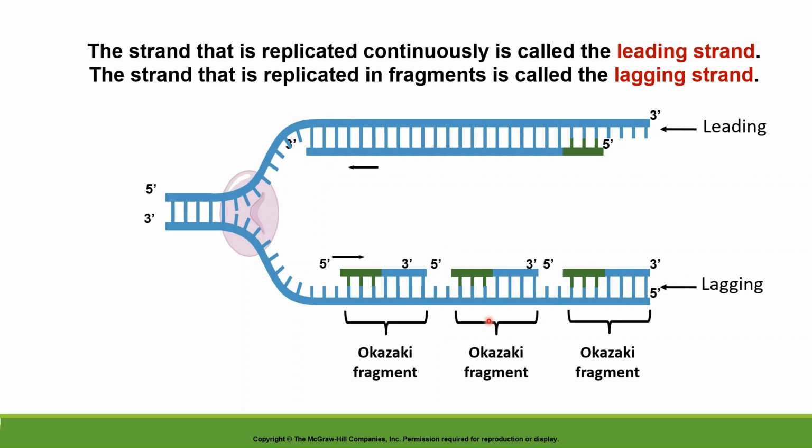Why are these fragments? Well, as we said, DNA polymerase III can only build in the 5' to 3' direction. And when we say build, if you think about it fundamentally, say this is a nucleotide here, and we have an open 5' end, that means there's a phosphate free here. Let's just focus on what we have.